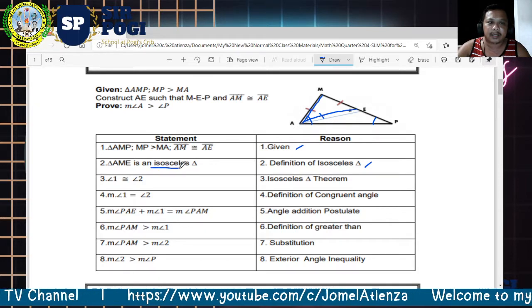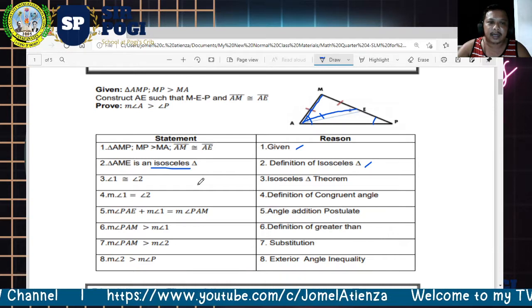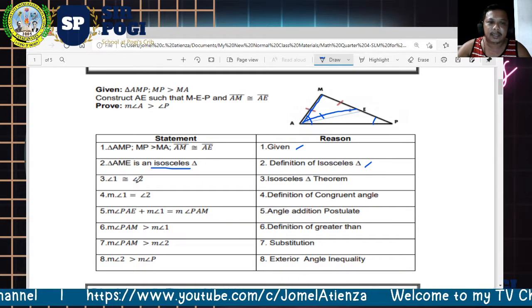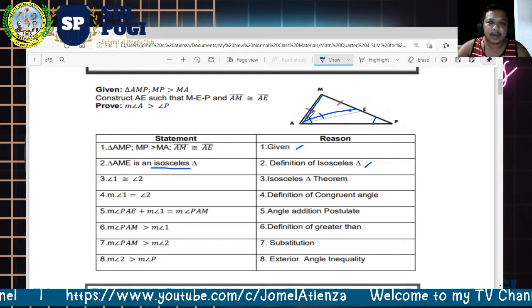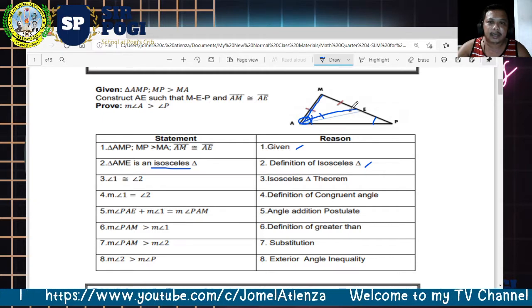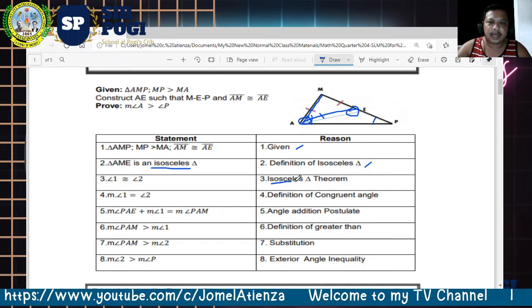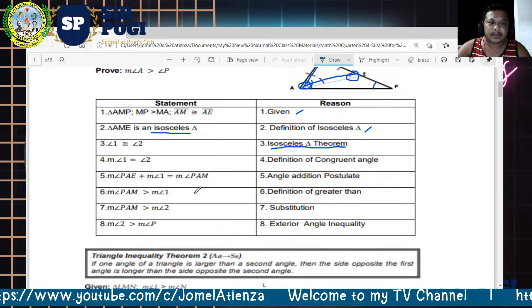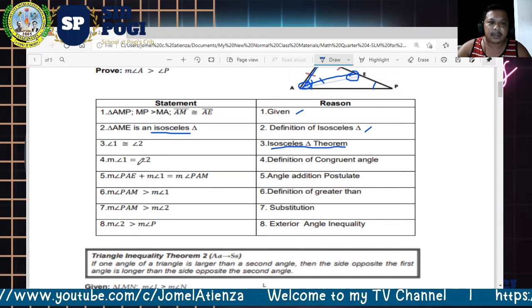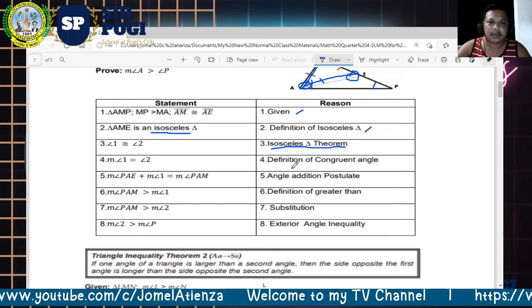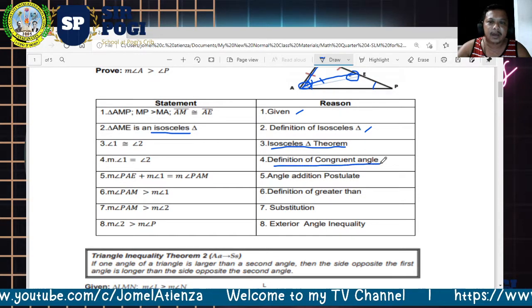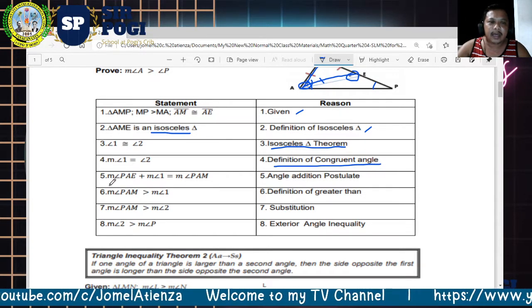Then angle 1 is congruent to angle 2, by the isosceles triangle theorem. Then the measure of angle 1 is equal to the measure of angle 2, by the definition of congruent angles.